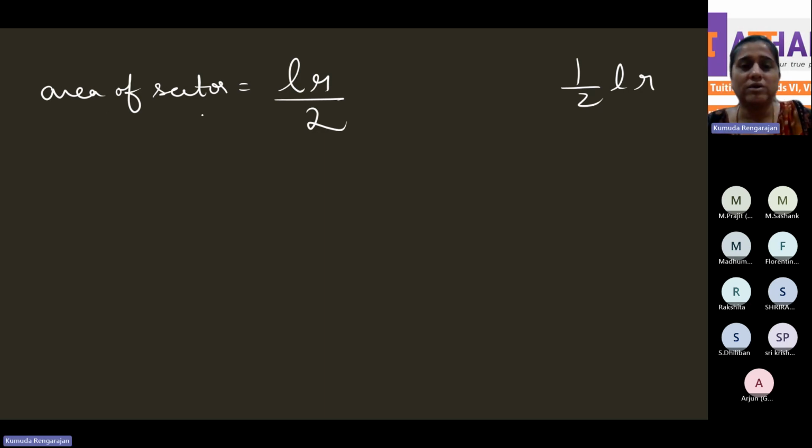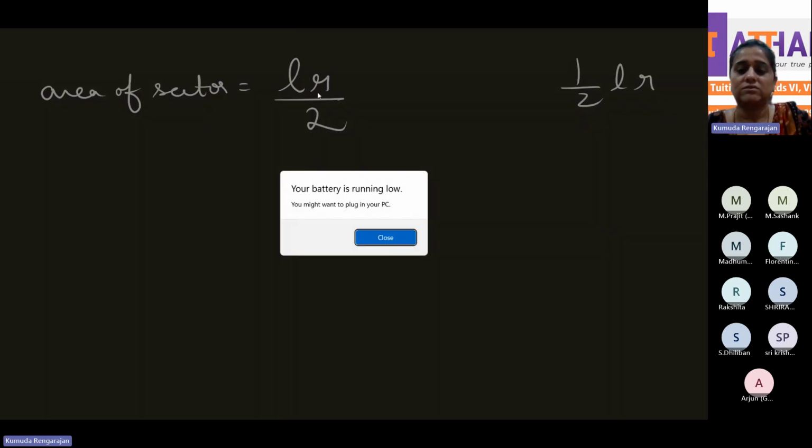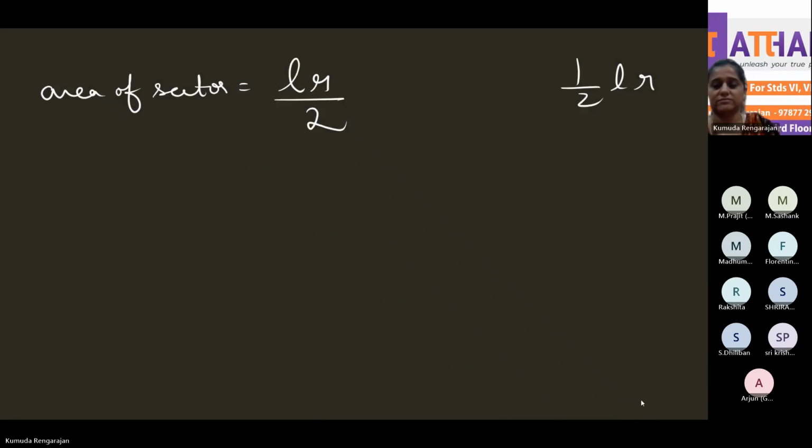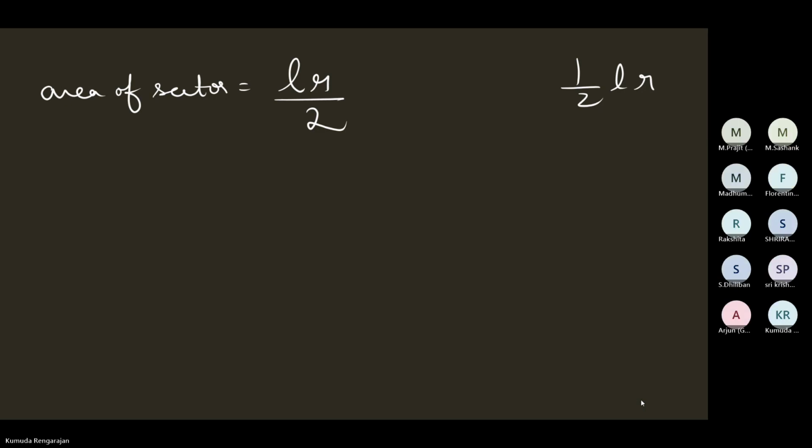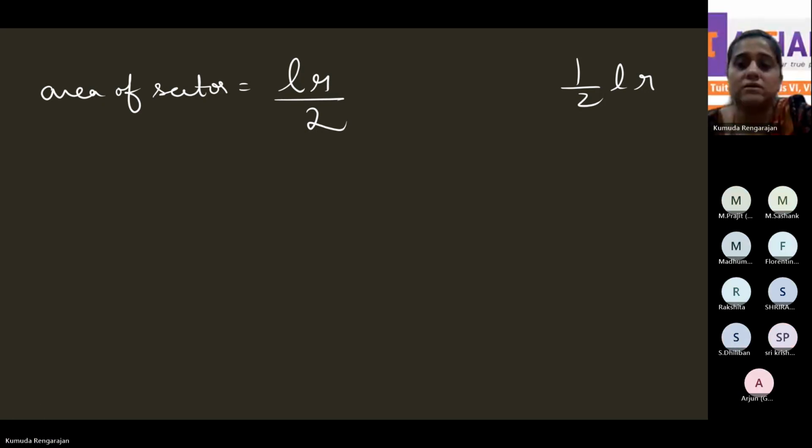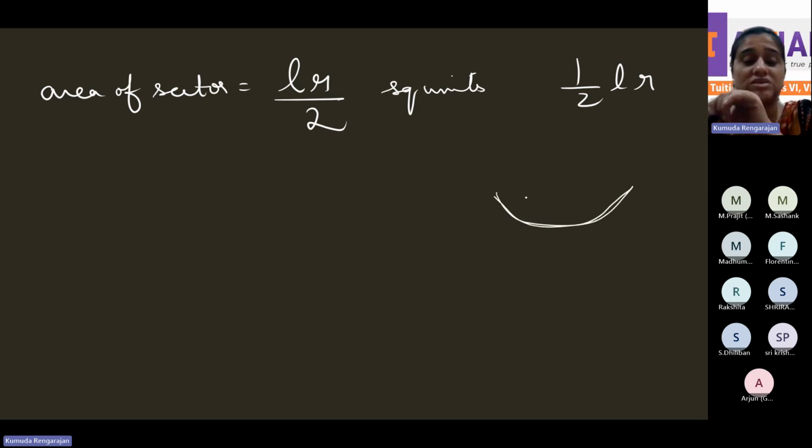I have not mentioned whether it is the minor sector or major sector. Remember that the area of the sector can be found using the formula LR by 2 square units, where L is the length of the arc associated with the sector.